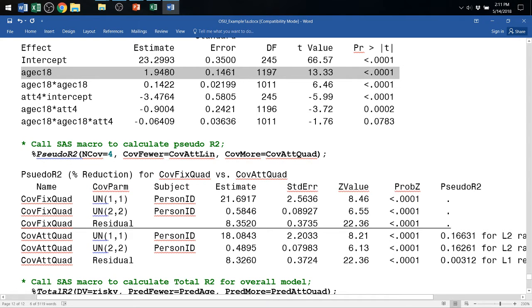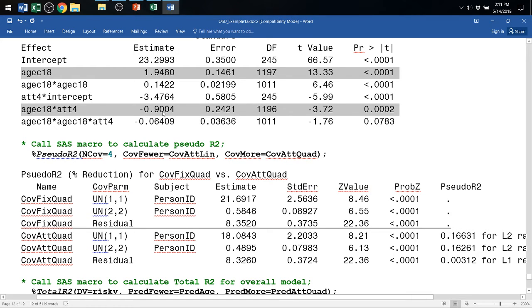Let's do this one, practice with two-way interaction terms. So this is the linear slope at 18 for somebody with attitudes of 4. It's positive. The interaction of that linear slope with attitudes is negative. So which pattern is this?